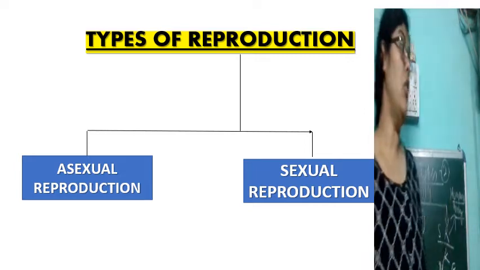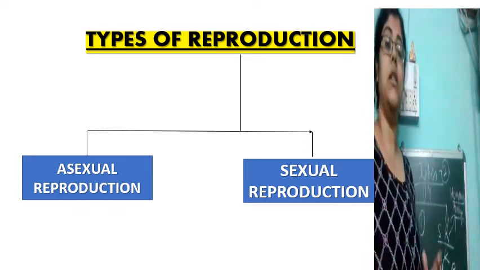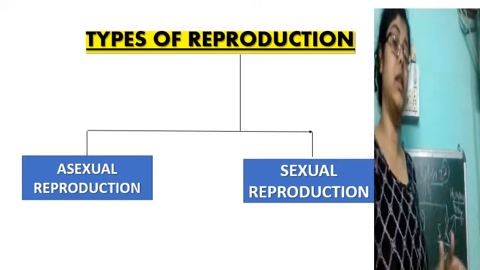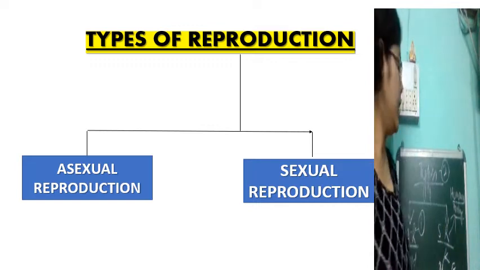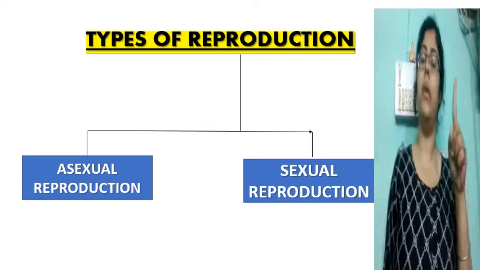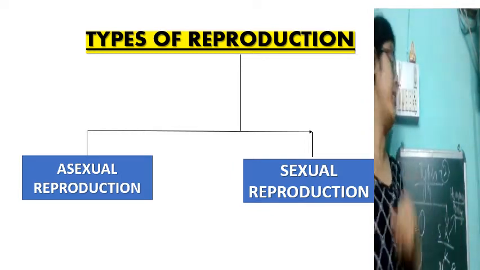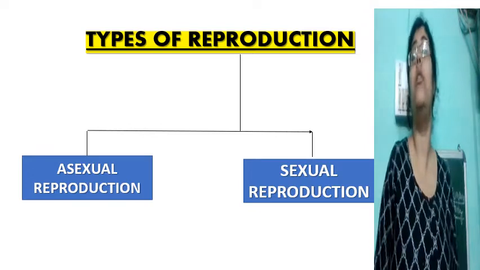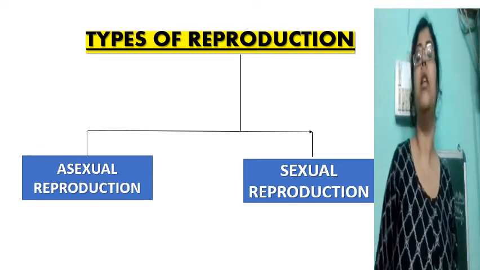Okay. Now a question arises: what is the basic difference? How can we identify that a certain organism belongs to sexual reproduction or asexual reproduction, right? So it is very clear that if only a single gamete is involved, there is less variation. Okay, and if two gametes are involved, there will be more variation in the offspring, or you can say the coming organism.